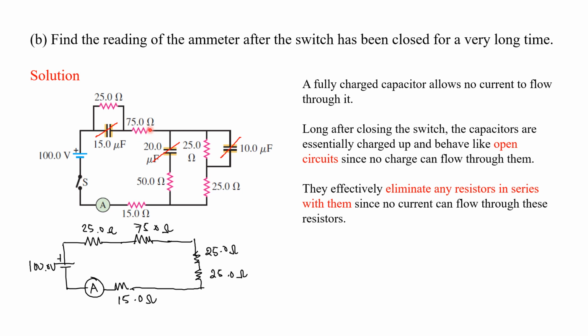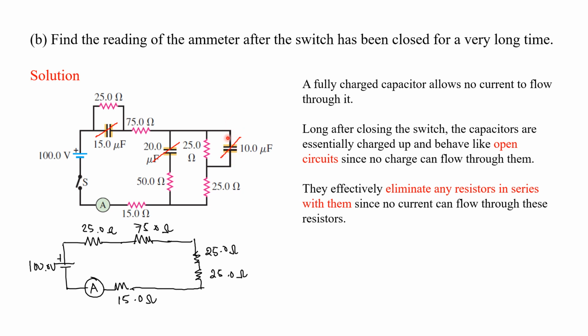Some of you might ask why the 75 is not eliminated. Take note that your 15 microfarad capacitor and your 75 ohm resistor are actually not in series. So your 75 ohms is not eliminated. So this will just become open and then you have your 25 ohms, your 75 ohms. This one is removed because this has become an open circuit and nothing happens here.